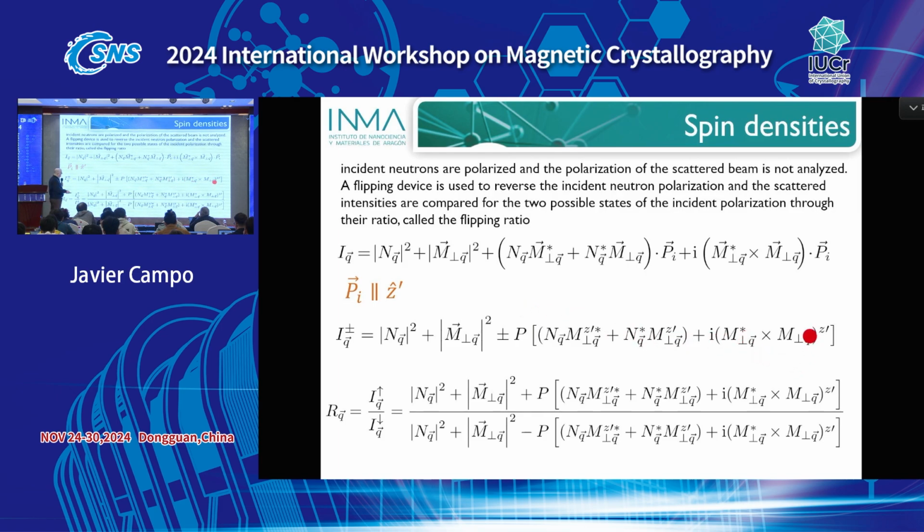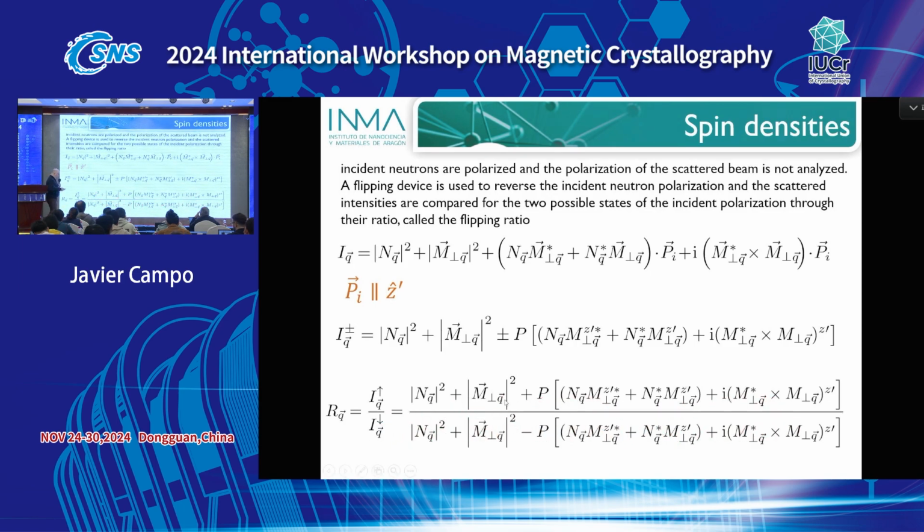And also the chiral vector I need to project to the initial polarization, which is parallel to Z prime. And then the flipping ratio is intensity plus divided by intensity minus, up and down. We will have this expression.